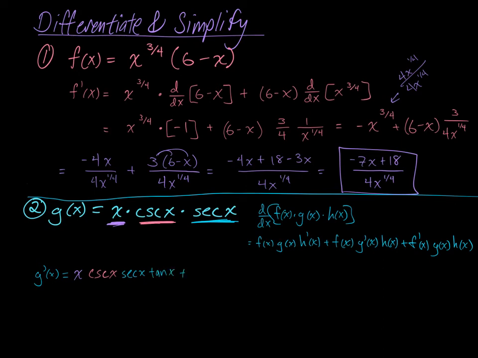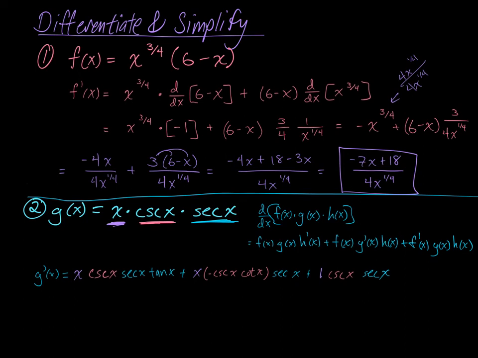And to that we are going to add the first times the derivative of the second, and the derivative of cosecant is negative cosecant x cotangent x, times the third, secant x, plus the derivative of the first, which is 1, times cosecant x times secant x. And that's fine, and that's a really good derivative.